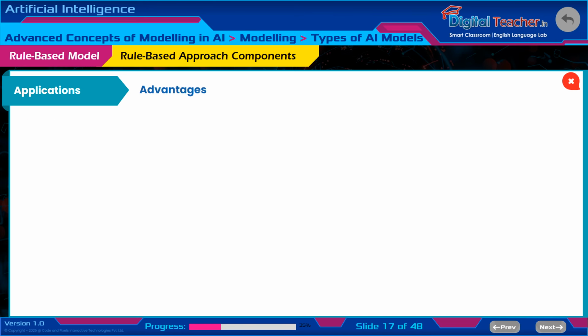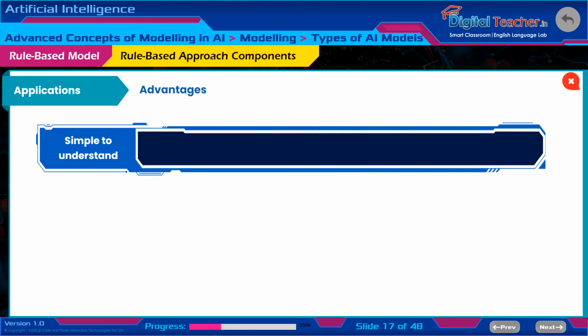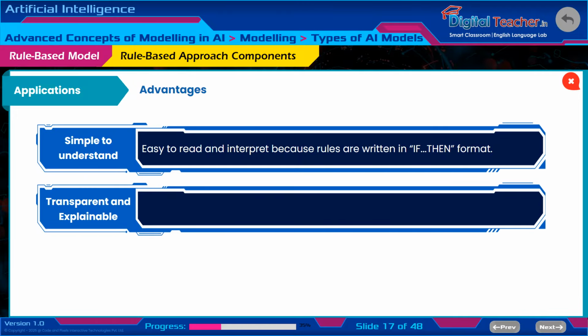Now, let us learn the advantages of rule-based model. Simple to understand. Easy to read and interpret because rules are written in if-then format. Transparent and explainable. Decisions made by the model can be easily explained by showing the rules used.